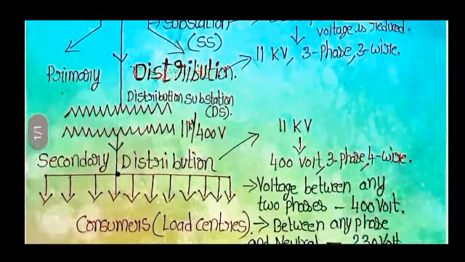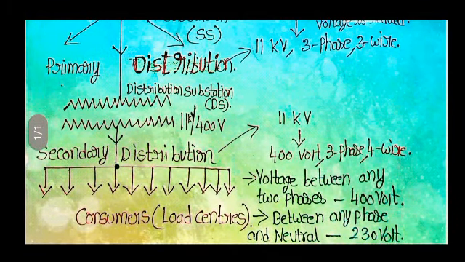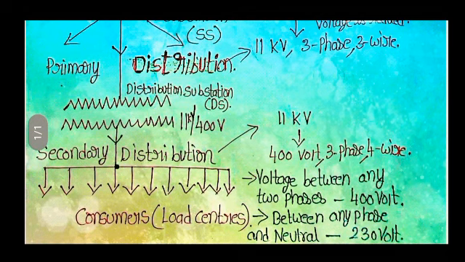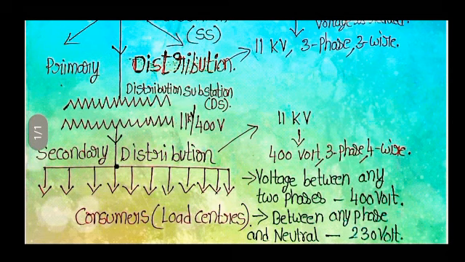In the secondary distribution lines, power from the primary distribution line is delivered to the distribution substation, and these substations are located near the consumers, where we step down the voltage level to 400 volts, that is 3-phase 4-wire.